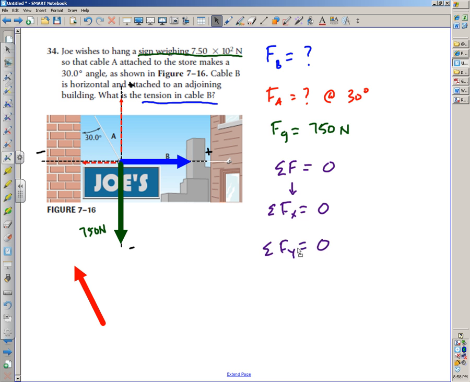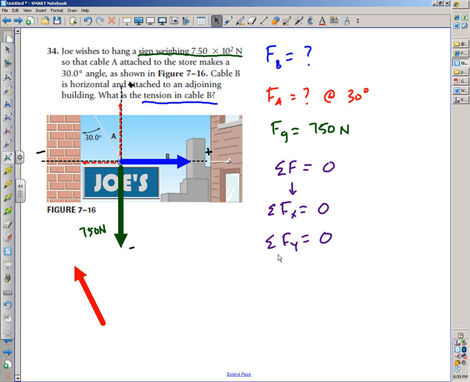Because we have to have equilibrium on the y-axis, if we look at the y-axis in our problem, there are two forces. There's the gravitational force pulling down on this object, its weight, and then there is the y component, or the vertical component, of force A. Those are the only two forces on the y-axis of this drawing.